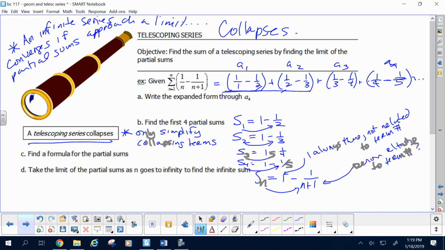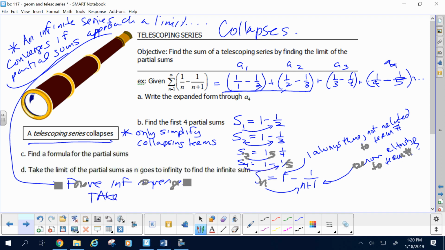All right. Now then, if we use this idea, if I want to prove the infinite series converges, I need to take the limit of the partial sums and show it comes out to a finite number.